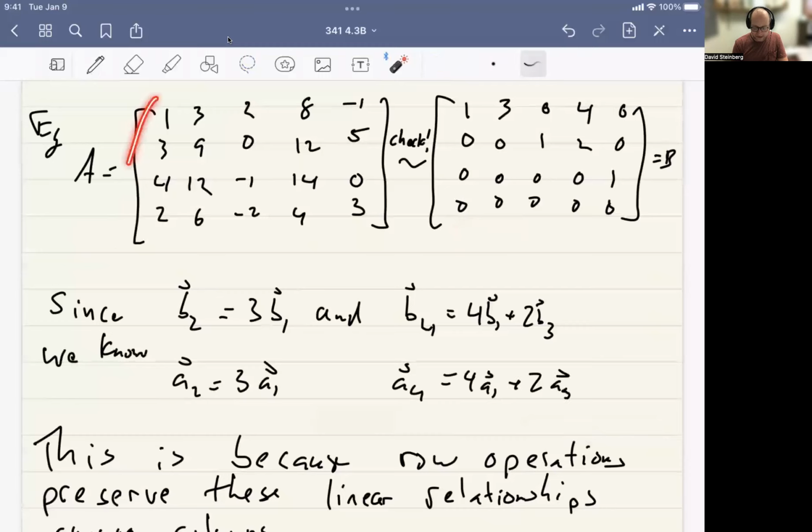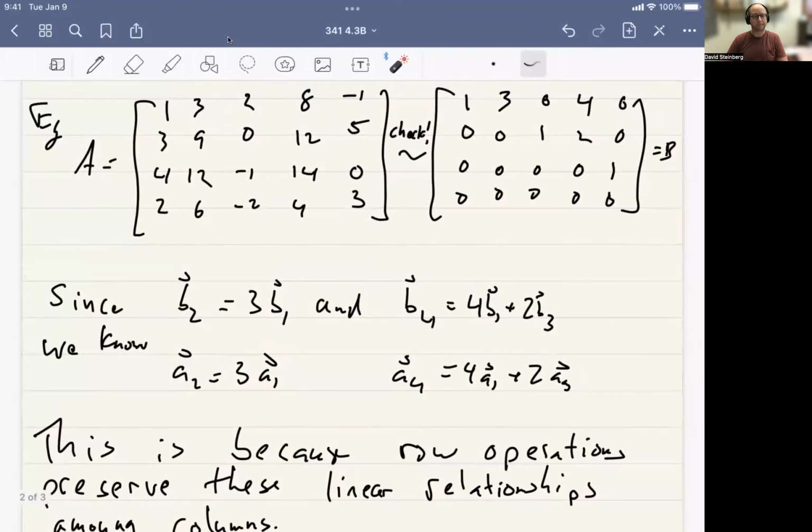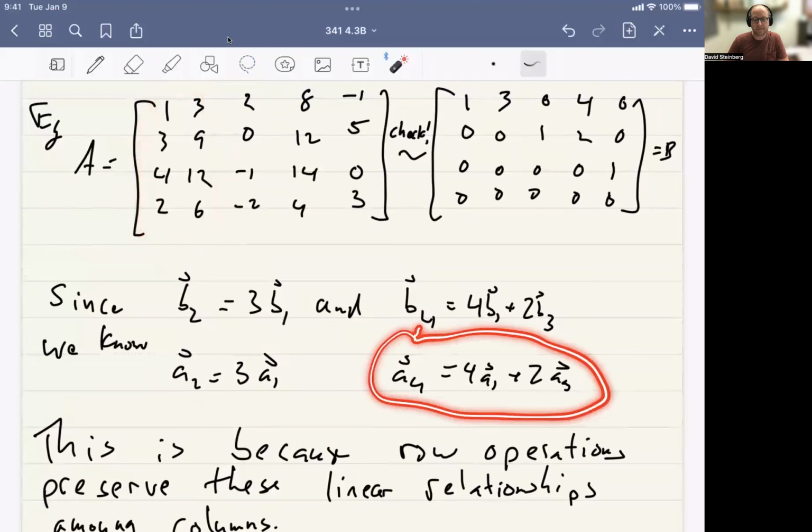And this one at least is easy to check. The other one happens to be true, and the reason it's true is because row operations preserve these sorts of linear relationships among columns. Right, so it's easier to check that A2 really is 3 times A1. Harder to check this, but not very hard. Just a little bit of arithmetic for you.